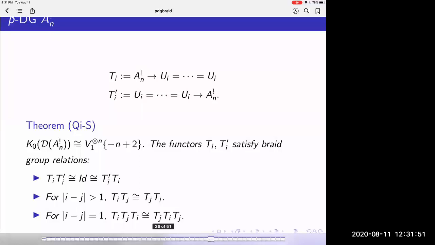So whether you can produce a similar algebra A_n for other types. Without the pdg structure for ADE type, you should be able to have a braid group action.